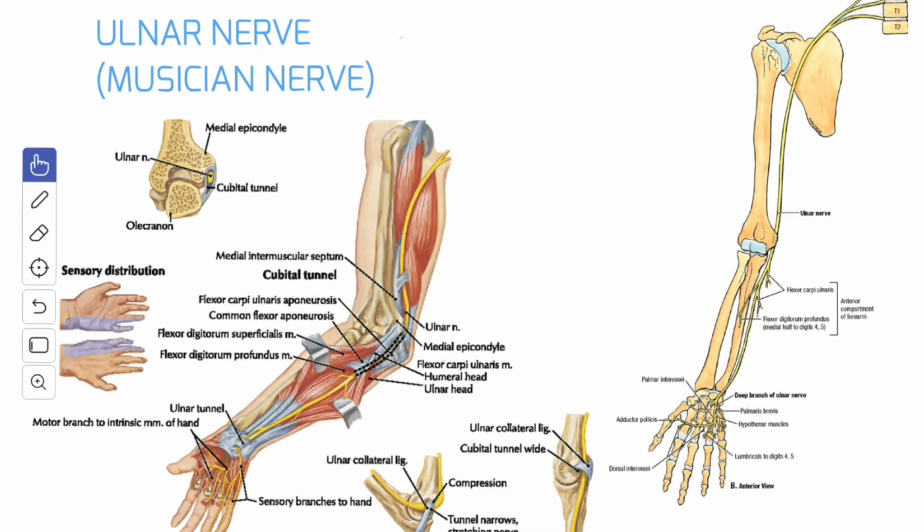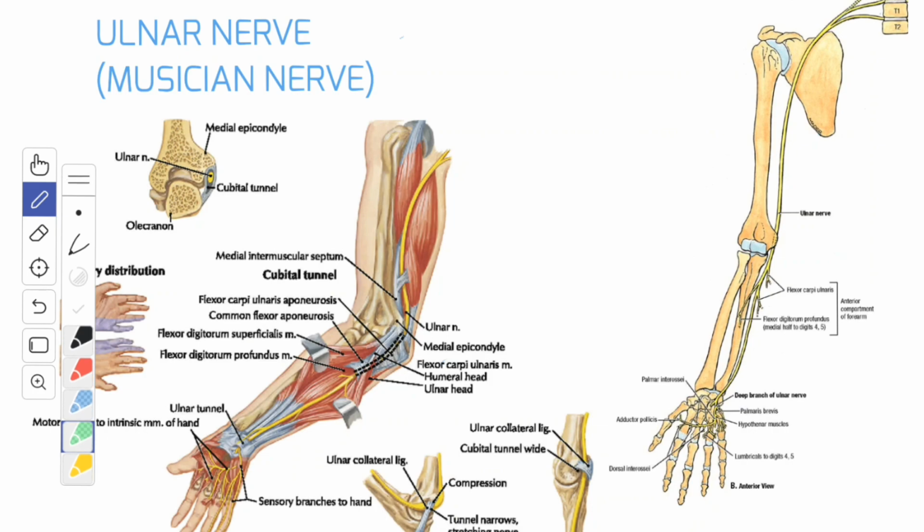Now ulnar nerve enters the forearm by passing between heads of flexor carpi ulnaris. That one is the flexor carpi ulnaris, and that one is the flexor digitorum profundus. Okay, so the ulnar nerve enters the forearm by passing between heads of flexor carpi ulnaris.